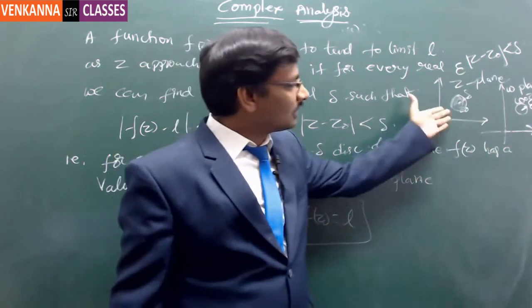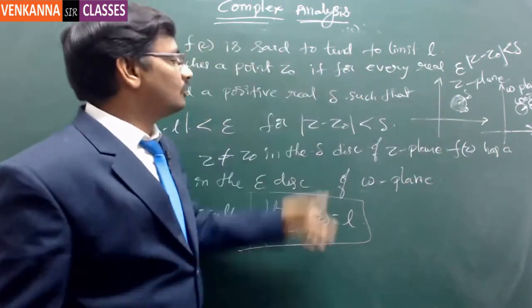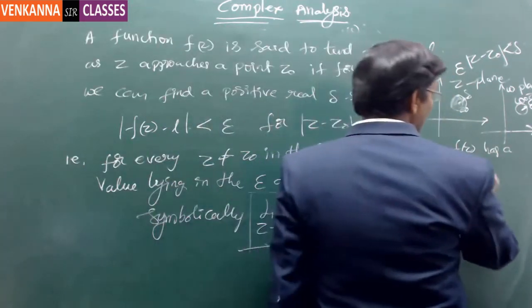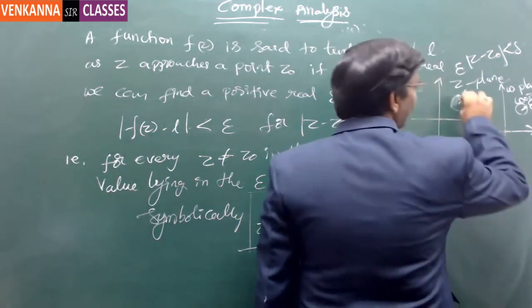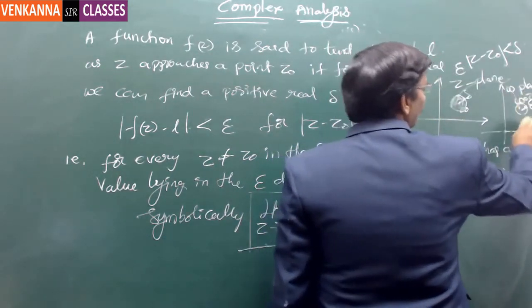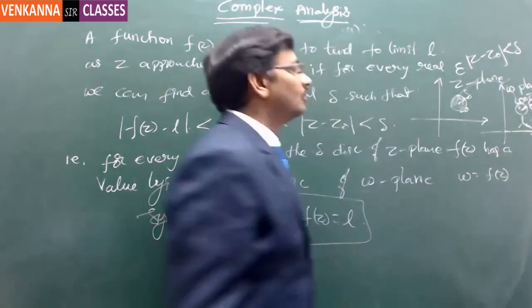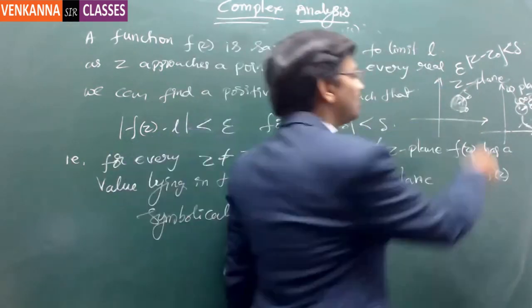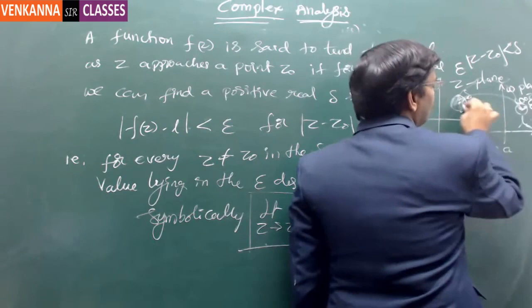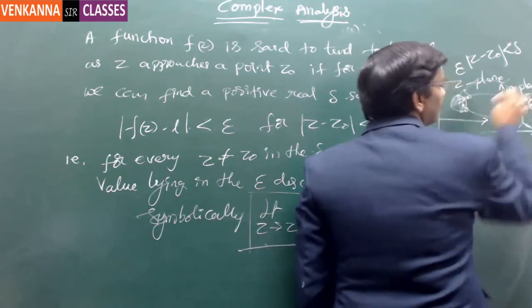Now if you are approaching that value, the corresponding value W is equal to f of Z, right? The corresponding value of f of Z, if you calculate it, you have got one value called L, and this is for all the points here, right? For each point there will be an associated value here. So if you identify this point, there will be an associated value here.